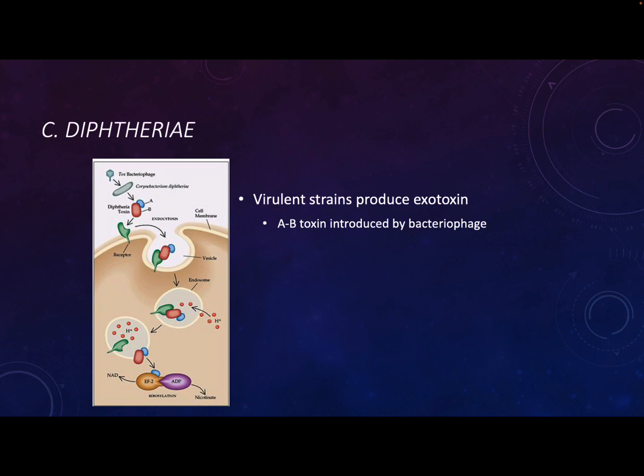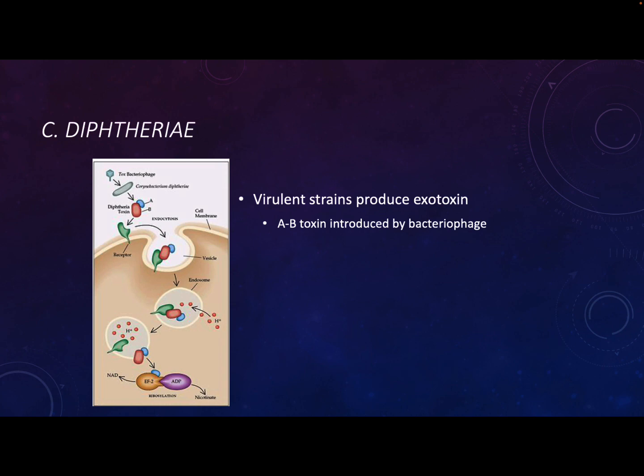And so the reason that some people might carry the bacterium in their upper respiratory tract but not experience any symptoms of disease is because the symptoms of disease are actually caused by the production of a toxin. And not every strain of Corynebacterium diphtheriae produces that toxin.